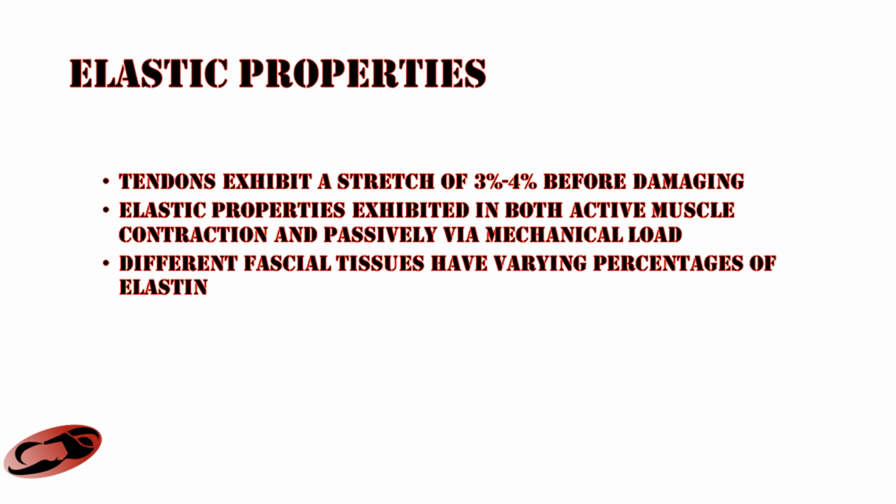And then we also see elastic properties in both active muscle contraction and passively via mechanical load. So rather than actively contracting a muscle, if it's being stretched to a position, just like in passive stretching. And so depending on the fascial tissue where it's at, it will have varying percentages of elastin.